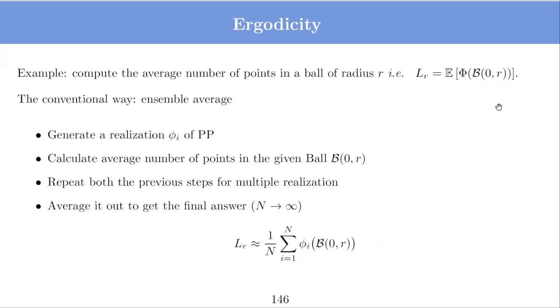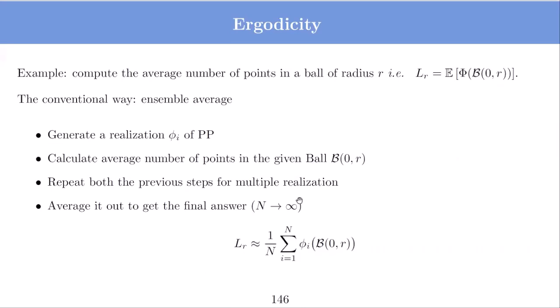You generate a realization phi_i, you calculate the number of points in this ball, you repeat the step for multiple realizations, and then you just take the average. If you have done n iterations, you do 1 upon n and the summation over the number of points in each realization, and you expect to get an answer which will be the average number of points.